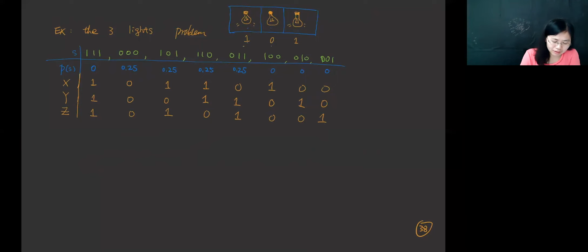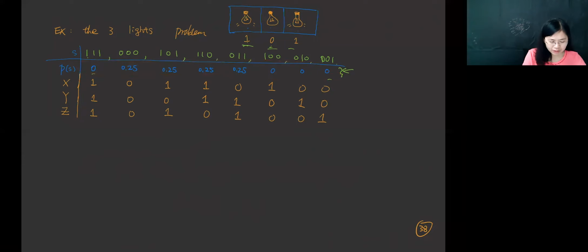If they are on, it's denoted 1, and off is 0. Then there are 8 states of the world depending on their on and off status. And the distribution on these states of the world is given by this PMF.